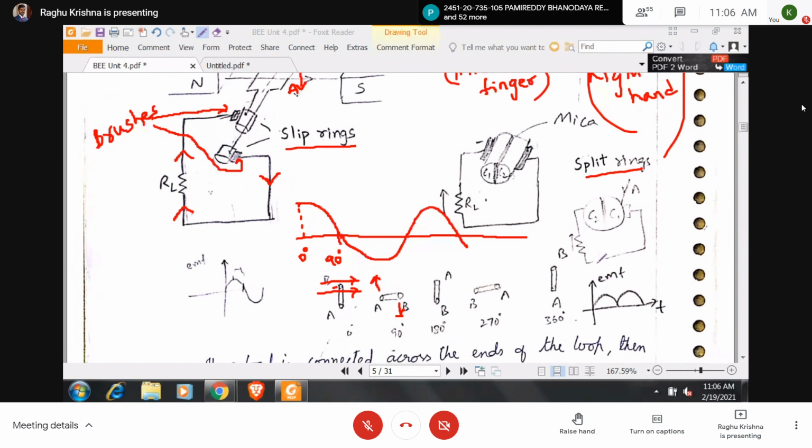So here, the mechanism we are using is a commutator segment. We have taken only two commutator segments. After 180 degrees rotation, the positions of the commutator segments change, C1, C2.